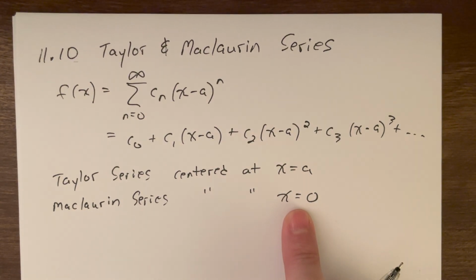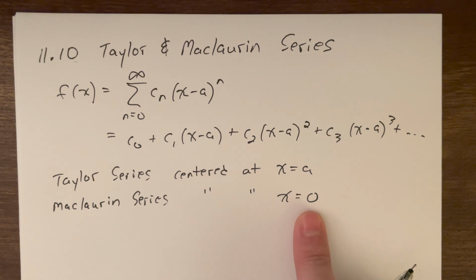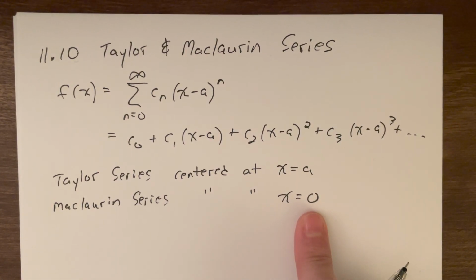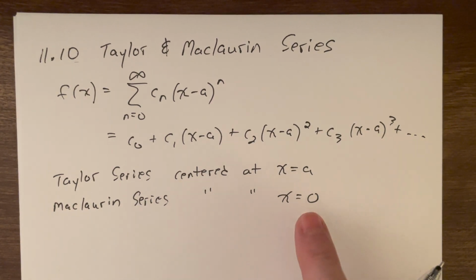And in section 11.9, pretty much all the power series that we found were Maclaurin series because we were always ending up with x as a part of our r term. So it was x over 4 or 2x, things like that. So the radius might be a little different, but so many that we've done so far have already had a center at 0. And that is when we specifically call it a Maclaurin series.